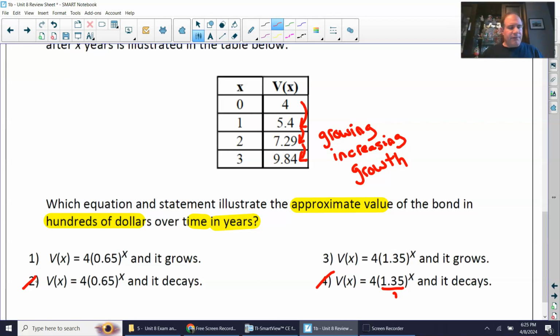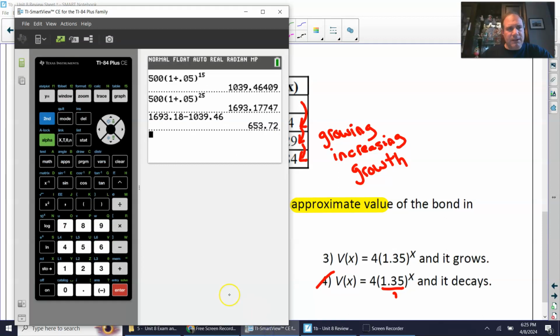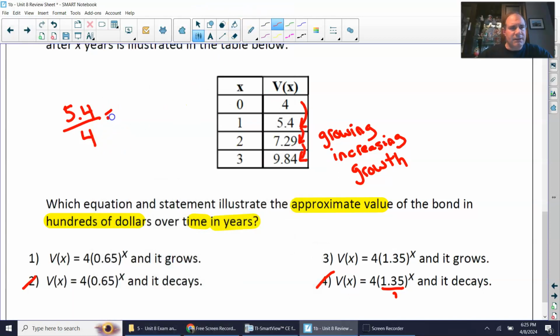So we have a couple of things that we could do. We could take this second number, 5.4, and divide it by 4. So let's see what that is. 5.4 divided by 4. And let's see what the common ratio is. The common ratio is 1.35. So what's happening right here is that it's multiplying by 1.35.